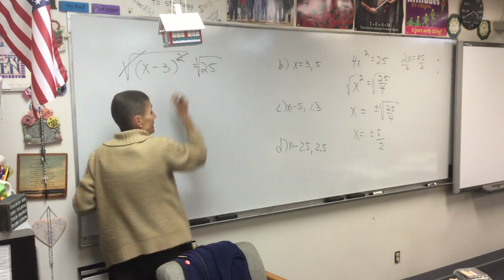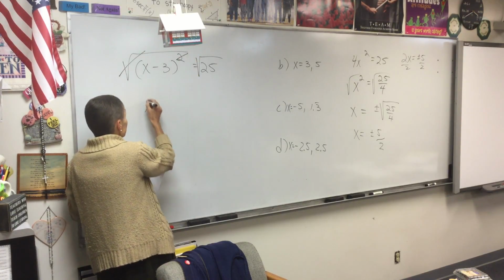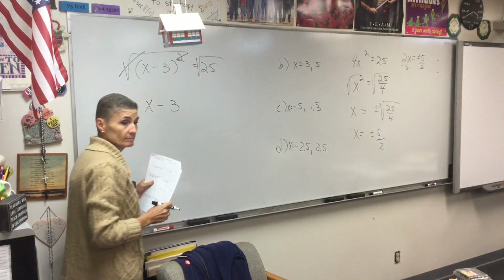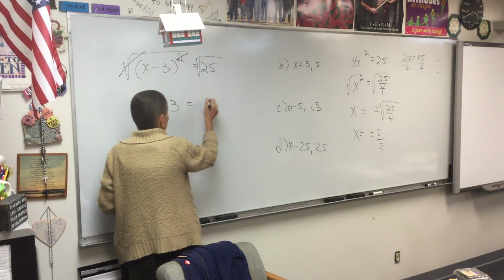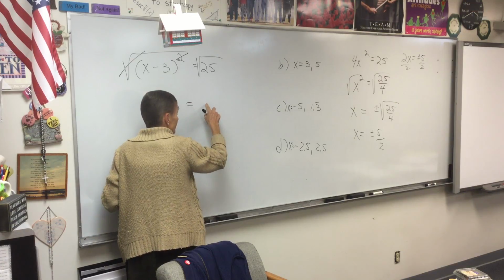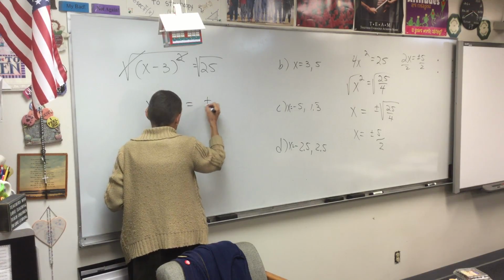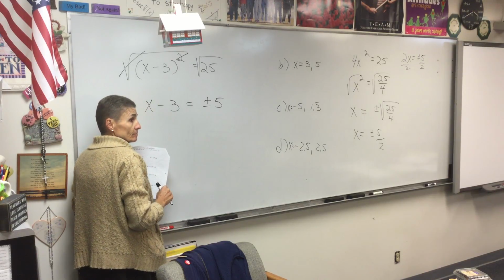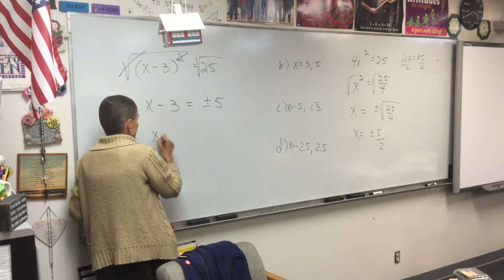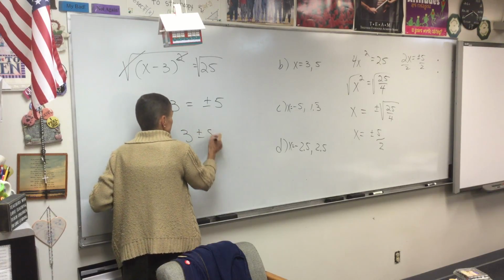They cancel, right? And I have x minus 3 equals, what do I put over here? Be very careful. Plus or minus 5. I got to get x by itself, so x equals 3 plus or minus 5.